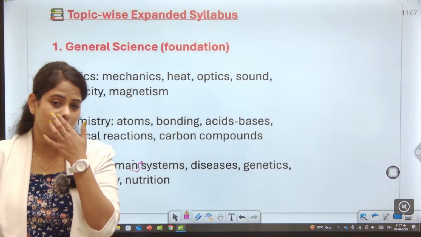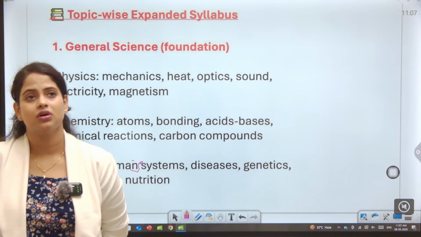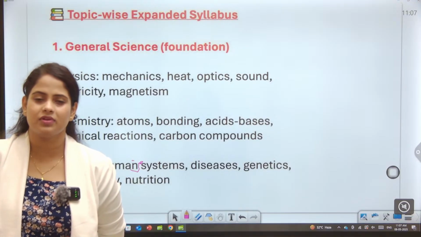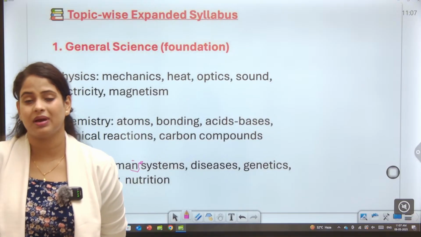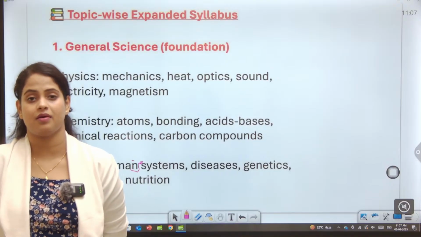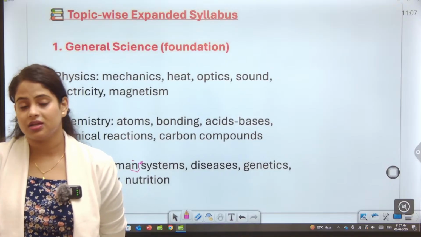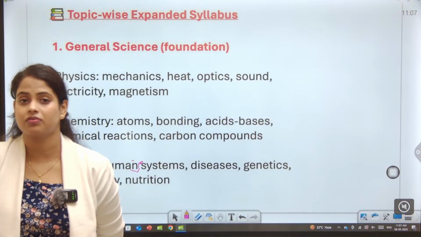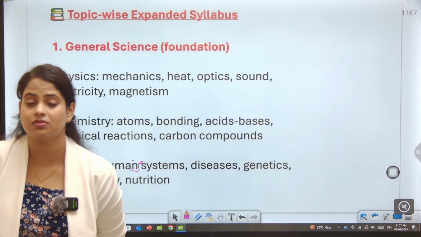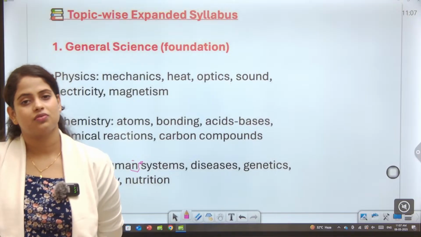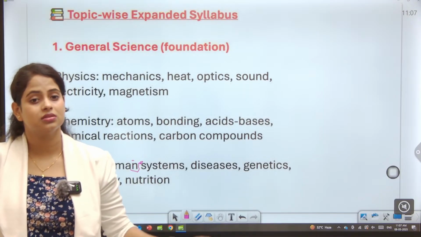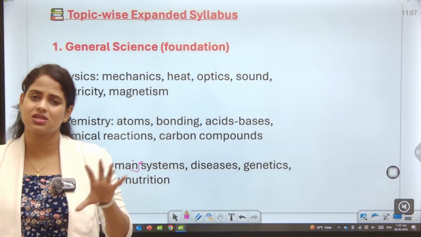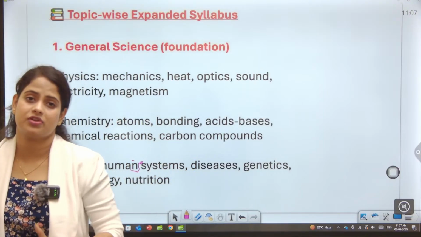So first of all, regarding background, I suggest you do not worry about what background you are from. That is really not an issue. Whether you are from an engineering, science, or non-science background, you can clear it, because science and tech in the UPSC preparation is nothing but NCERT coverage.